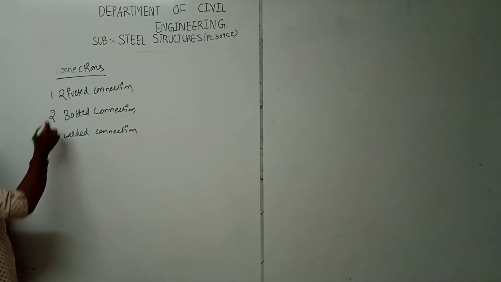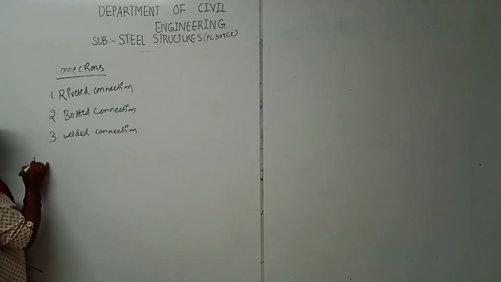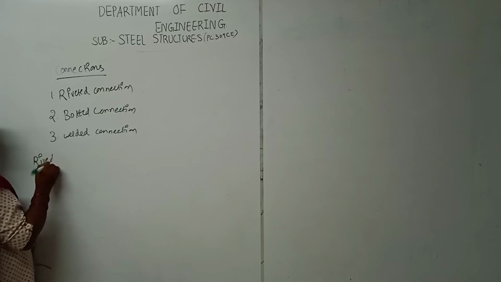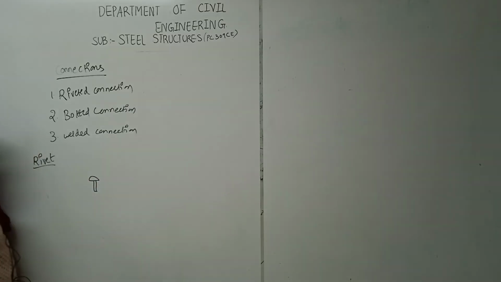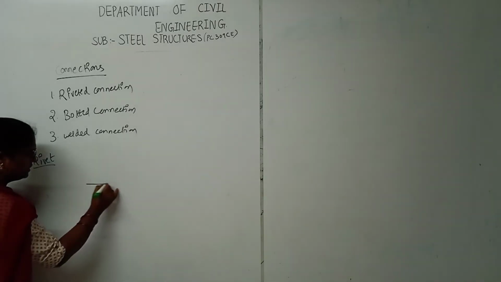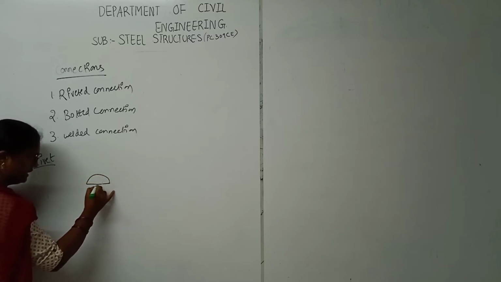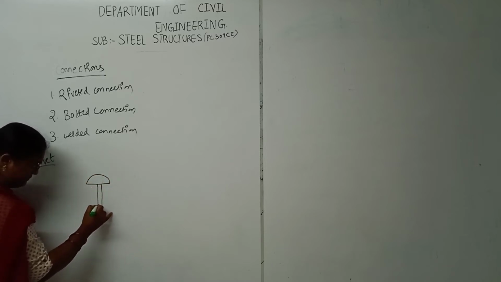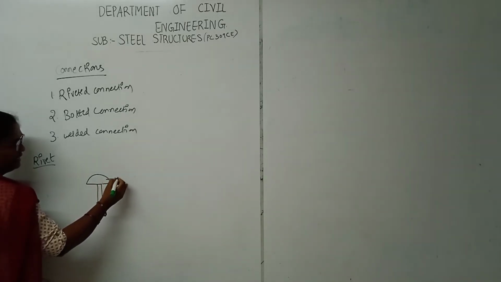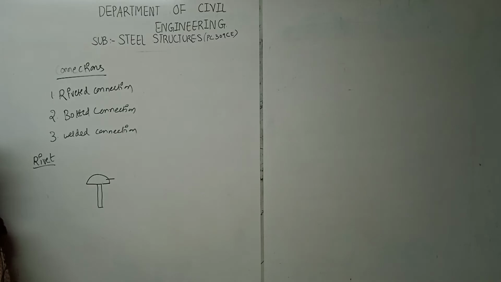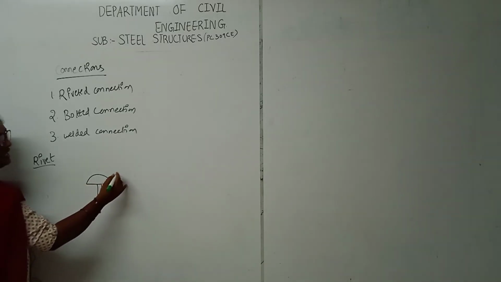So what is actually a riveted connection? A rivet is nothing but a pin manufactured with a head and a shank. I hope you all can see this figure.